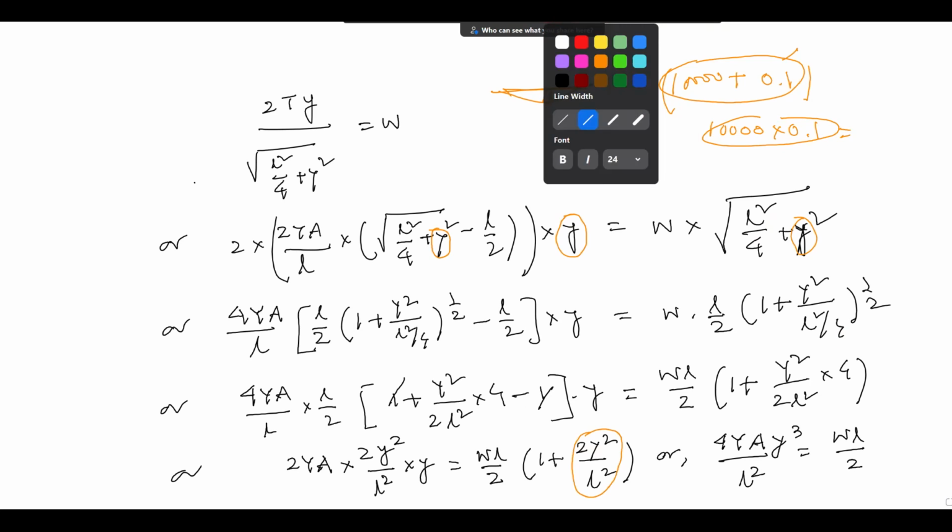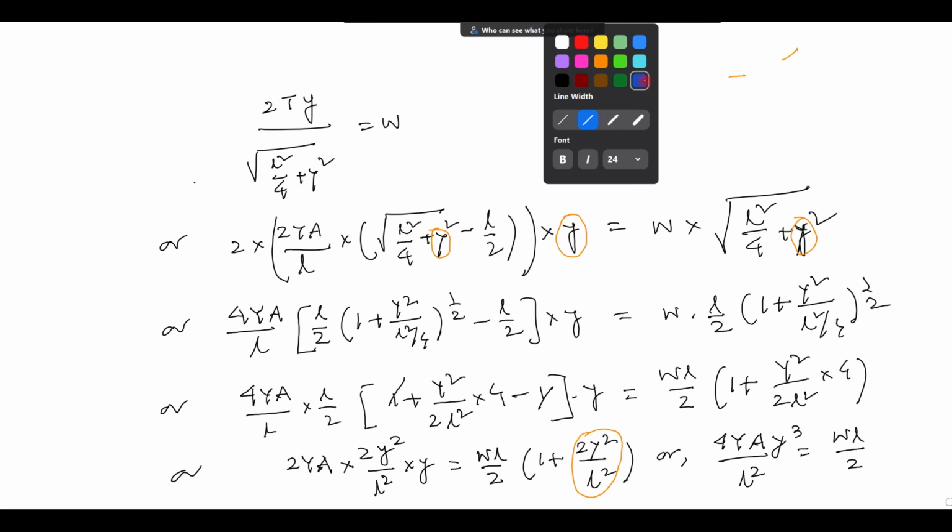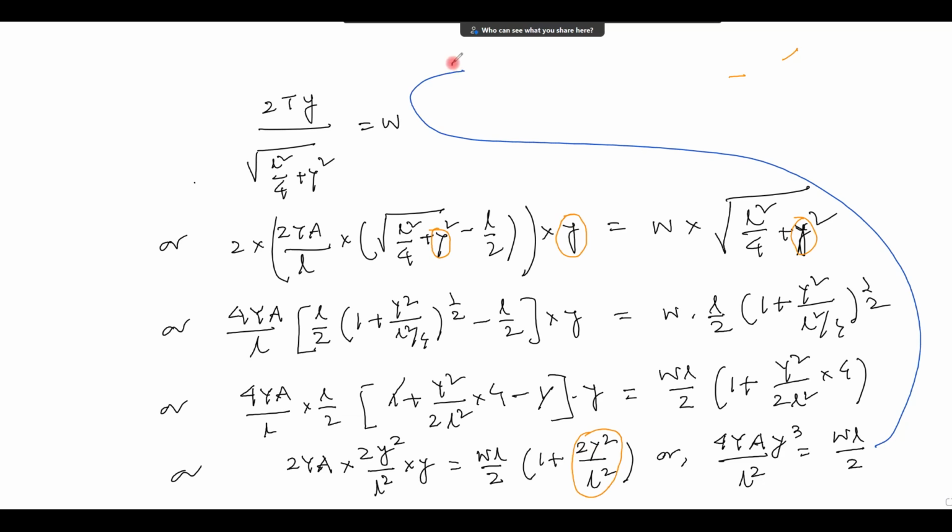Now here, or y equal to WL cube divided by 8AY, whole to the power 1 by 3, equal to L by 2 W by AY whole to the power 1 by 3.